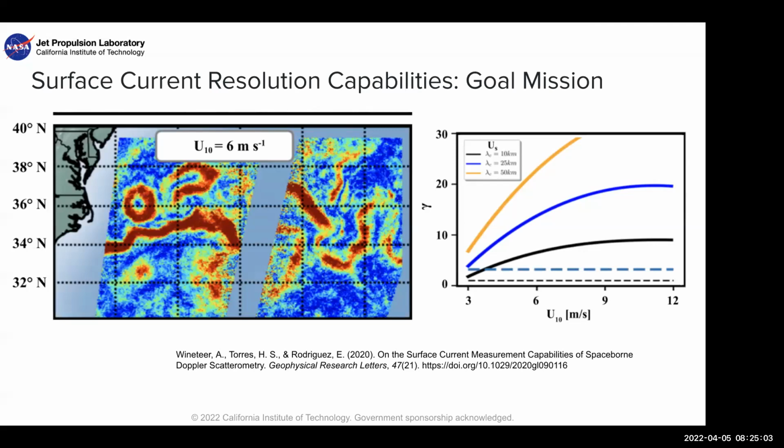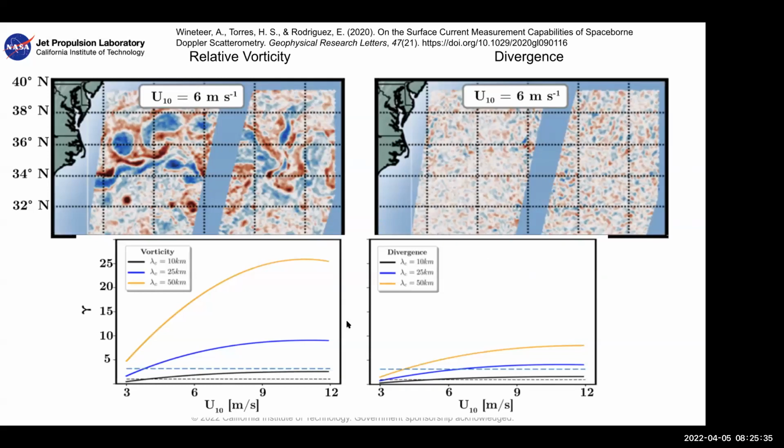Alex Pointier, Hector Torres, and I did a study for various regions that had more kinetic energy than the California Current System, and we did similar plots here. And you can see that in energetic regions, like the Gulf Stream region, it depends on the wind speed, but you can get resolutions on the order of tens of kilometers, and relative vorticity and divergence on the order of 30 to 50 kilometers for the divergence.